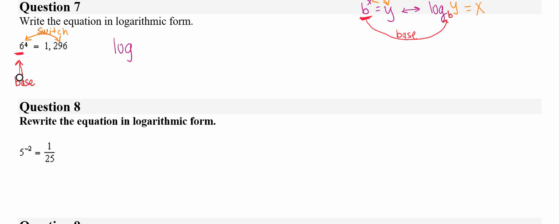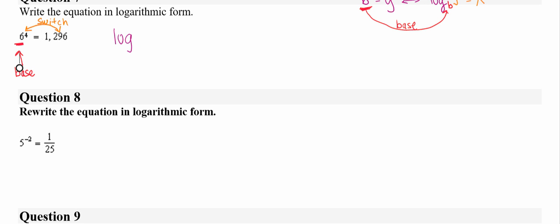Okay, write the word log. And then this base here becomes the base for the log. Whoops, not b, it's a 6. Okay, a 6 goes there. And then the 4 and the 1296 swap places. So the 1296 is going to be over here, and the 4 gets to be on the other side.